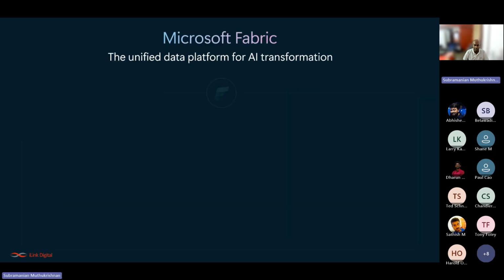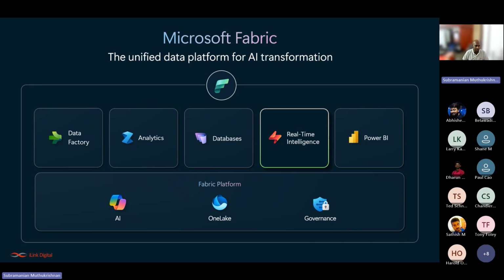And that's where Microsoft Fabric comes into the picture. Microsoft Fabric, if you think of it, is a unified data platform for AI transformation. One thing which I personally like is that Fabric helps to tailor your platform for a respective audience or persona.